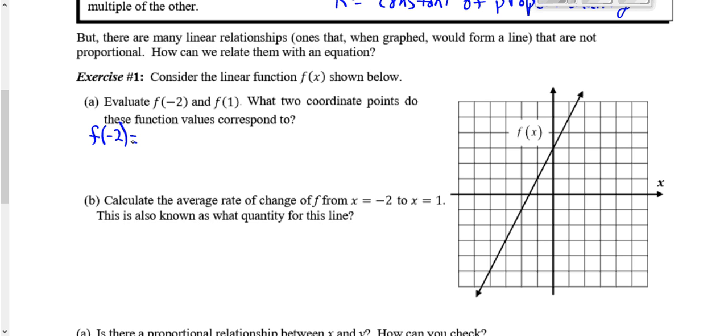We go to negative 2 on the x-axis, and the output is negative 1. So what is f of 1 equal to? 5. Go out to 1 on the x-axis, and you go up to 5. That stuff we've done quite a few times. So for f of negative 2, what are the coordinates? Negative 2, comma, negative 1. And the coordinates here? 1, comma 5.